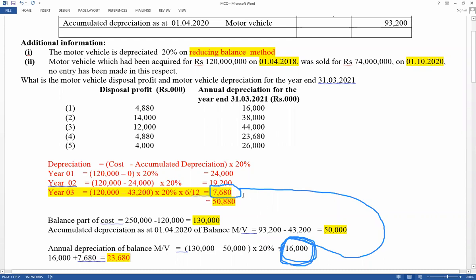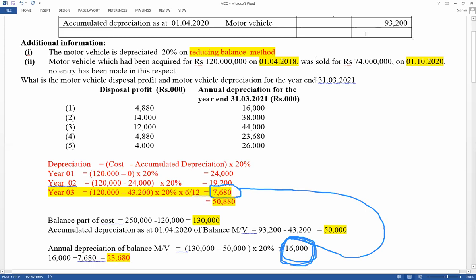Based on the matching concept, if an asset is used it should be depreciated, therefore as annual depreciation you have to consider 23,680. Now see, when finding the opening accumulated depreciation here, we deducted about the first two years of the disposal asset. This one is very important. Therefore annual depreciation is 23,680.